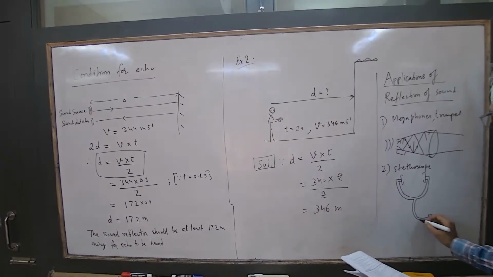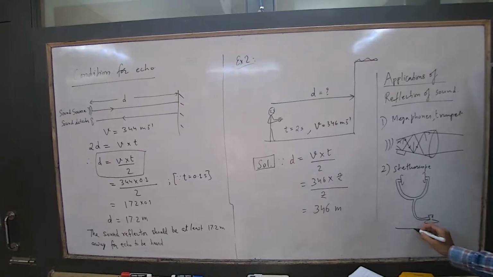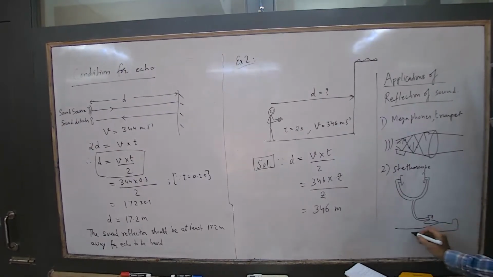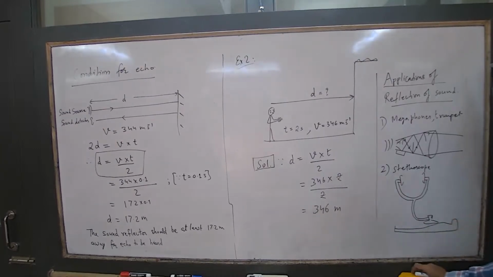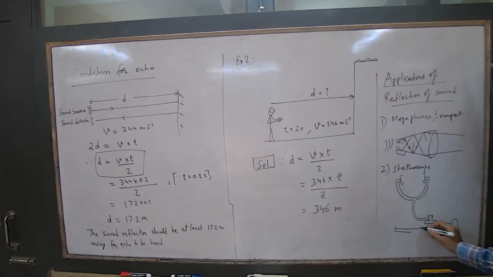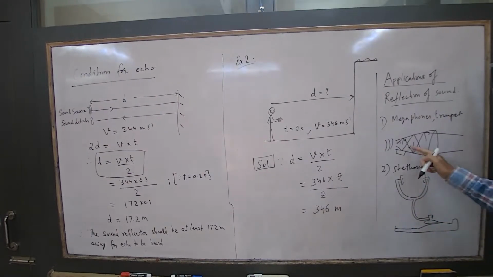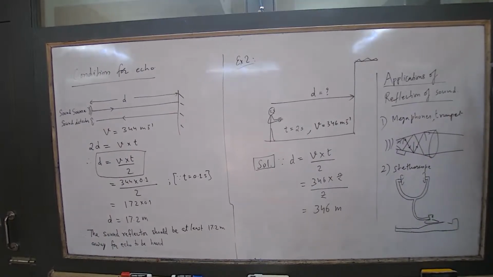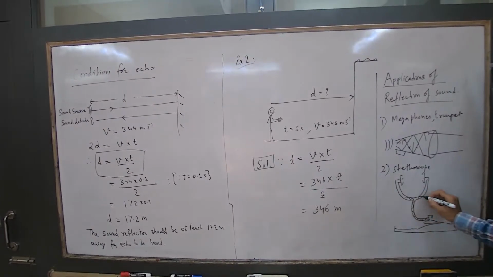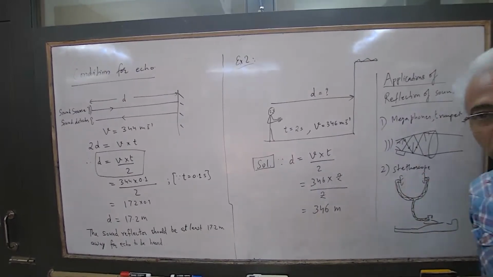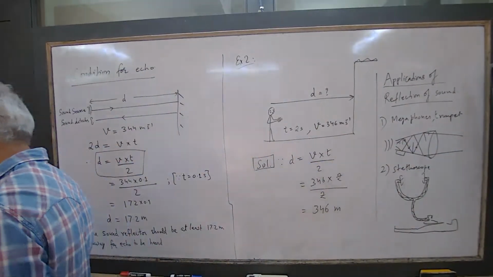He has some object he places on the patient's chest. It will pick up vibrations, and then those vibrations will undergo multiple reflection and reach his ears. Multiple reflections are happening, and the sound goes to both ears.